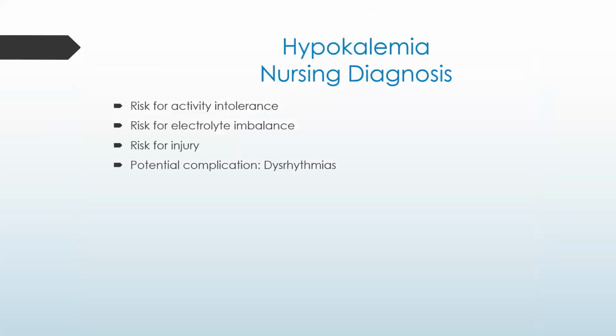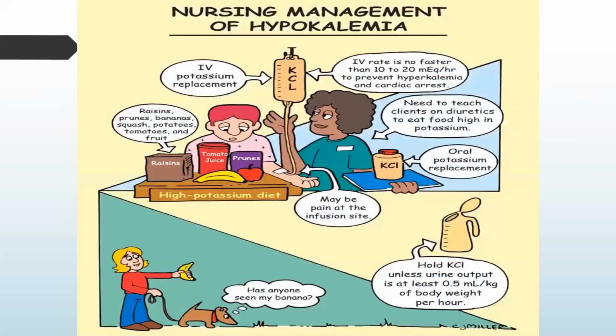So what nursing diagnoses would be appropriate for hypokalemia? We're going to see risk for activity intolerance and injury related to the muscle weakness and hyporeflexia, and risk for cardiac dysrhythmias. Also risk for injury, electrolyte imbalance.